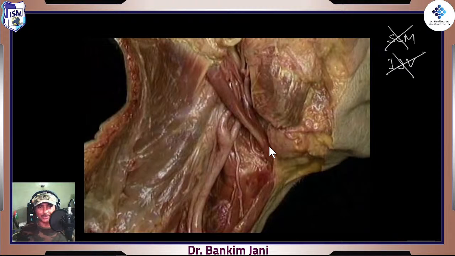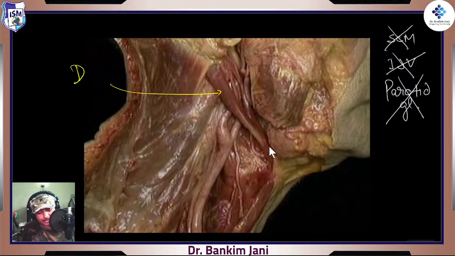Then the internal jugular vein, because that is not the topic of the day, and the parotid, because it is a big gland which usually covers everything, so we have removed that. Structures which we know now immediately, and that is this one, the digastric posterior belly. We know it.